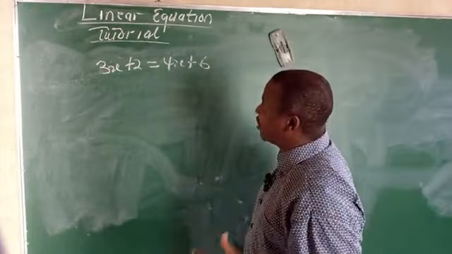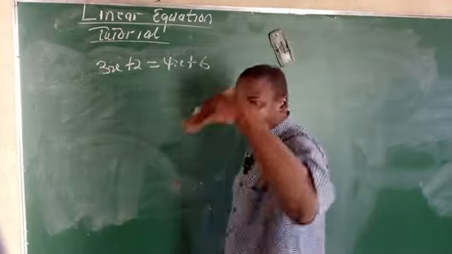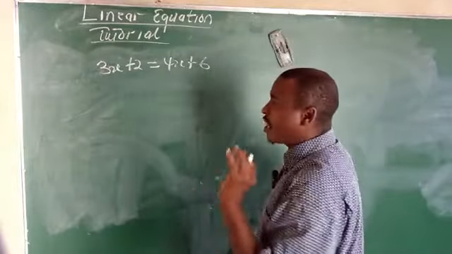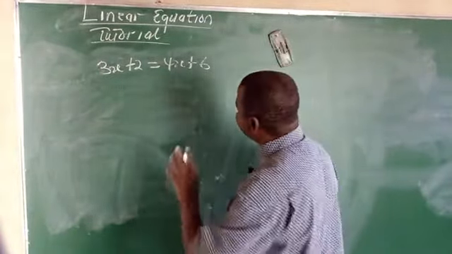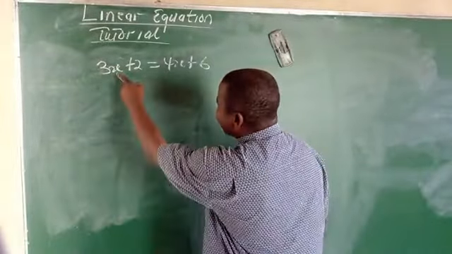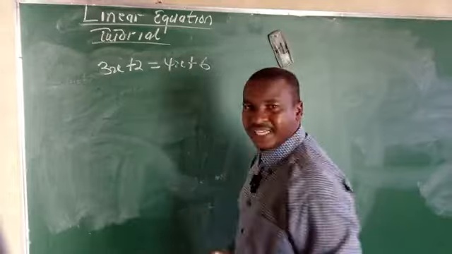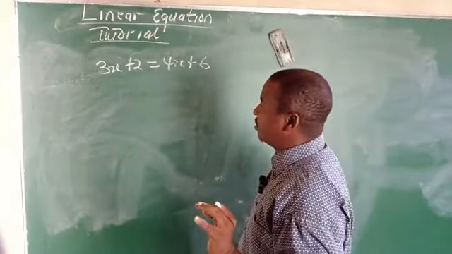While a linear equation is a type of equation that has one unknown, like this. It has one unknown, x. It has one variable.